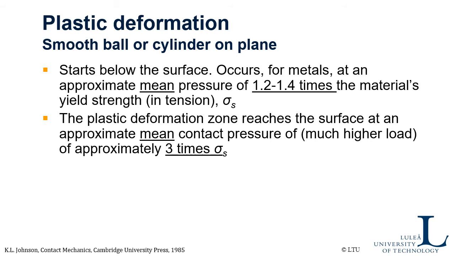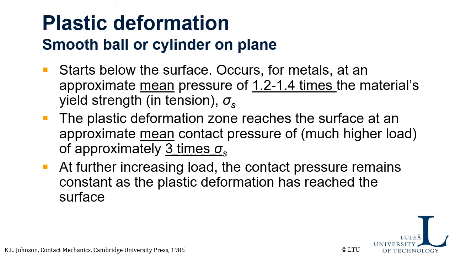And that happens at a mean contact pressure of approximately 3 times the yield strength. And if you then continue to increase the load, nothing really happens. The contact pressure can't increase much more. It just increases the plastic deformation zone, and you have a plastic flow of the material.